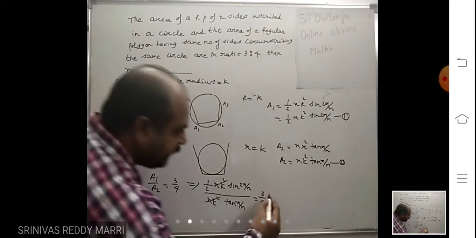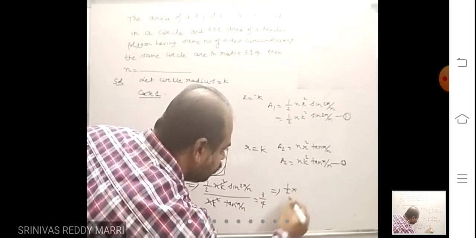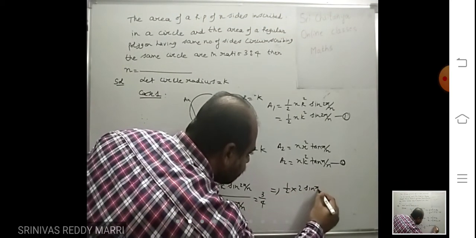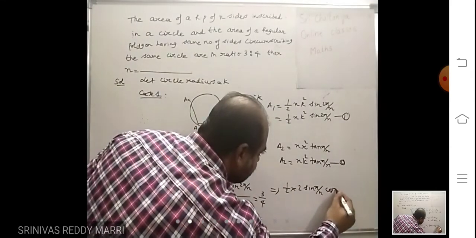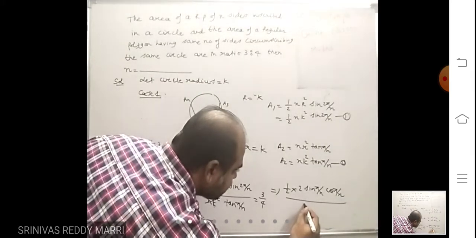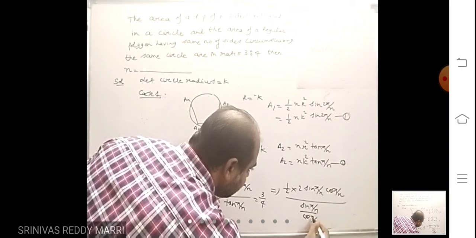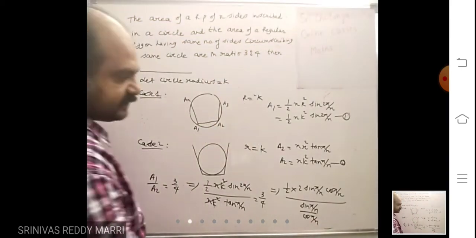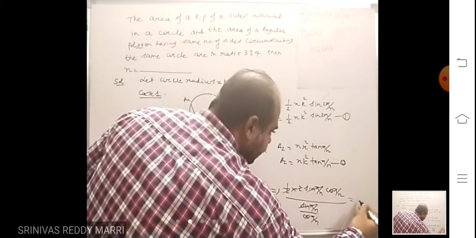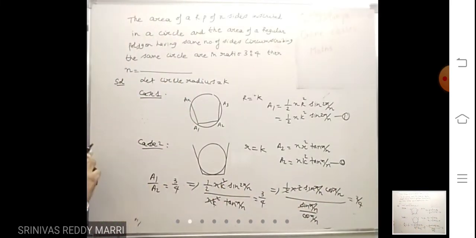Now the formula for sine 2a is 2 sine a cos a, and tan is sine pi by n divided by cos pi by n. So sin pi by n cancels, and 1 by 2 with 2 cancels. This equals 3 by 4, and cos pi by n comes up.